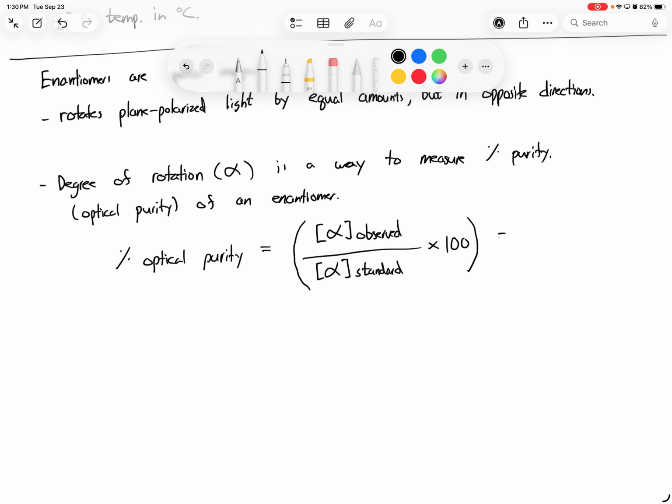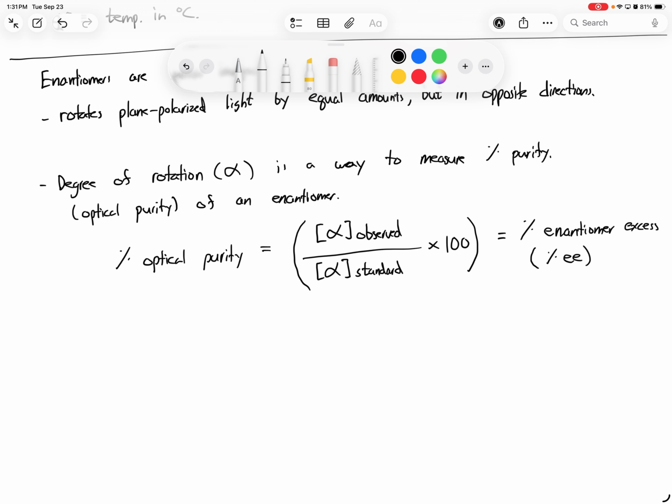Based on what this number is, you can find out how much excess you have for a set of enantiomers. We often call this percent EE, or percent enantiomeric excess. Enantiomeric excess has too many E's, so we just reduce it to percent EE, okay?